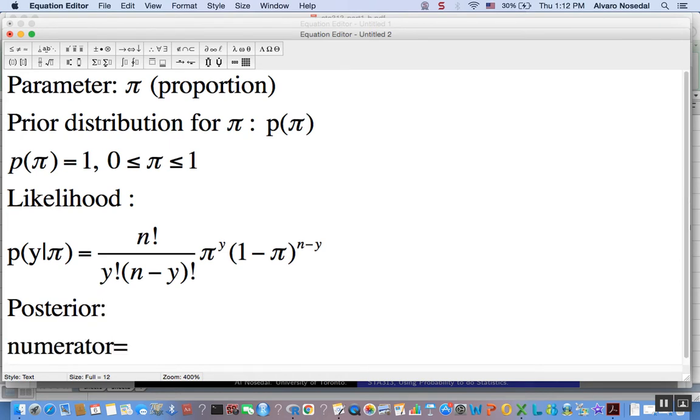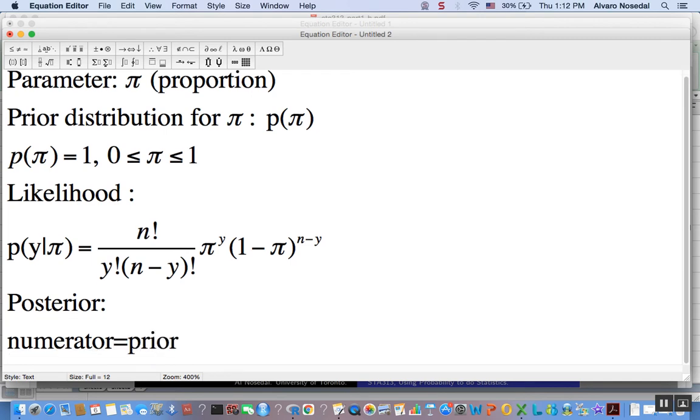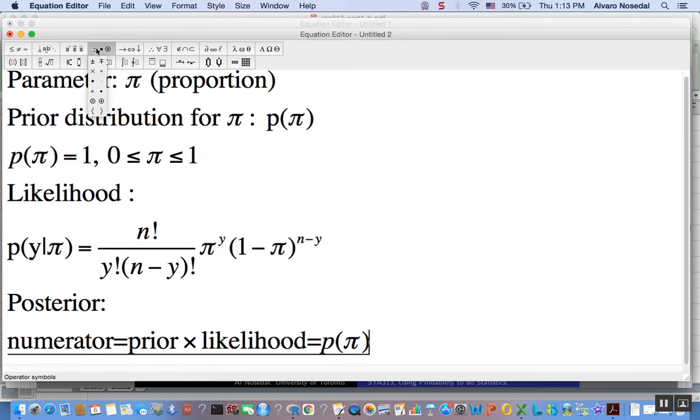We know that the numerator is prior times likelihood, so meaning this guy times this guy.